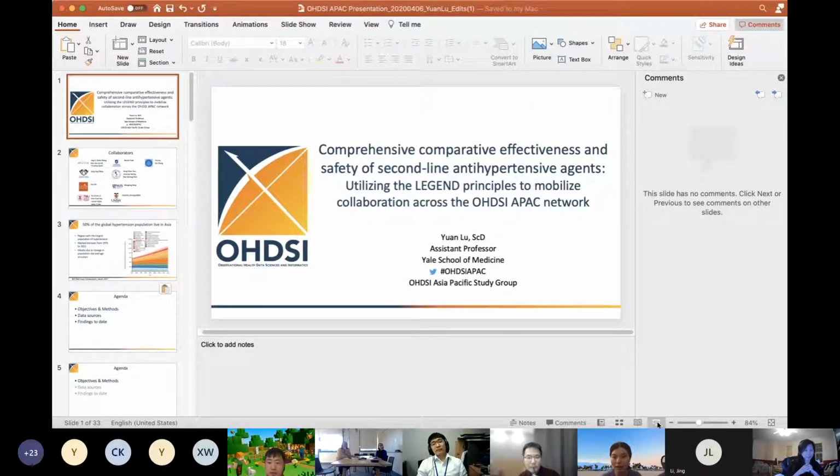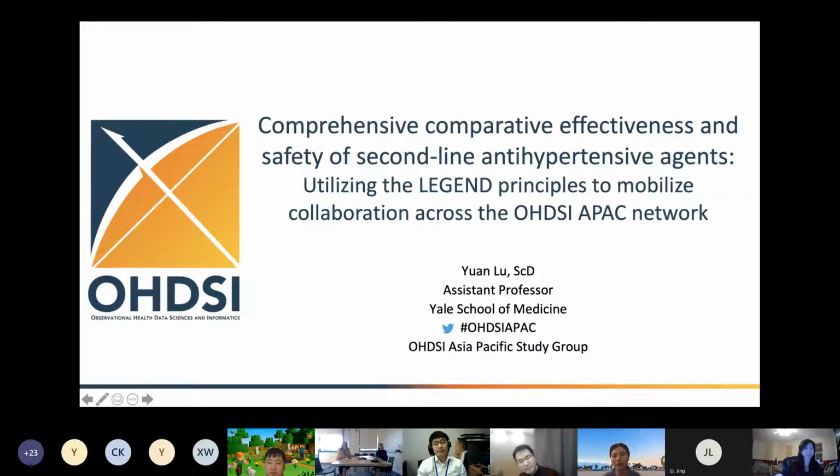Okay, so this is a study using the OHDSI APAC network dataset to compare the effectiveness and safety of second-line antihypertensive agents. It's trying to utilize the LEGEND principles to mobilize the collaboration in the OHDSI APAC network.